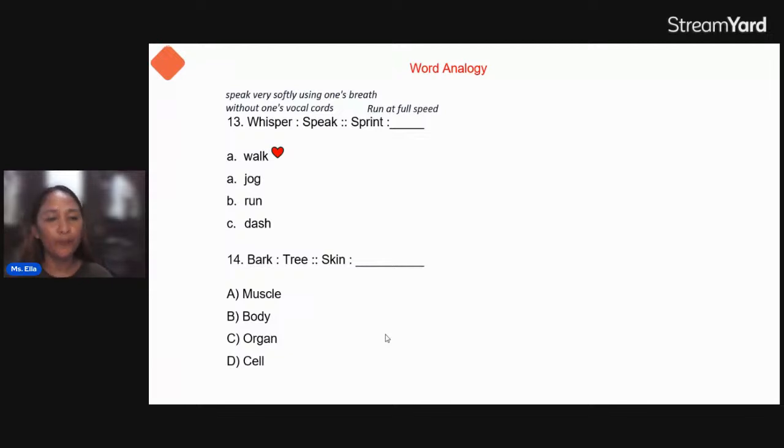Okay, so for number 14, the correct answer is letter B, body. Why? Because bark is the outer layer of a tree. And what's the outer layer of the body? It's the skin.